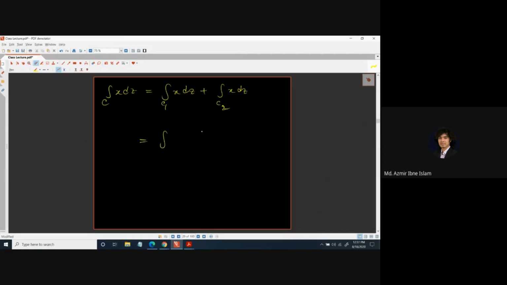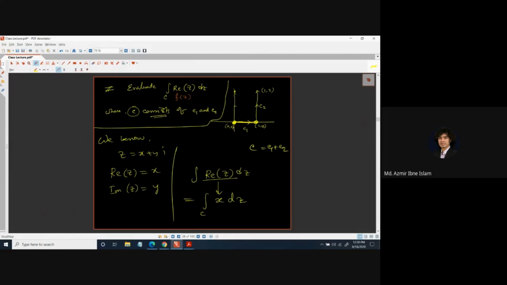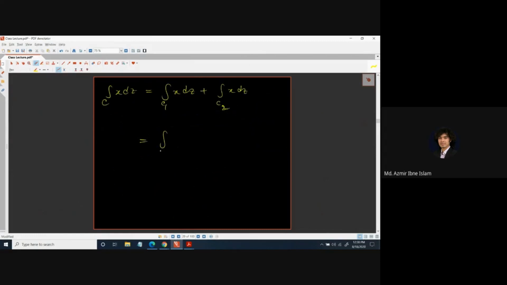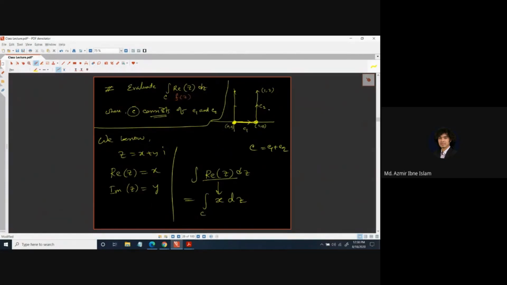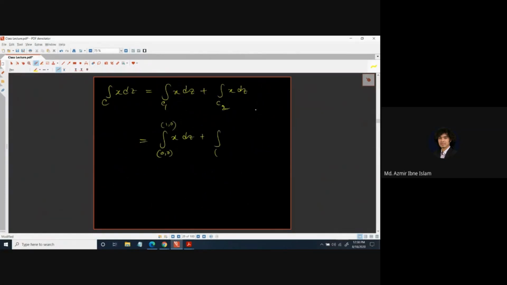So C1 is coming from 0, 0 to 1, 0 based on this figure. So 0, 0 to 1, 0 x dz, and 1, 0 to 1, 2, this is the path for C2. So 1, 0 to 1, 2 x dz.